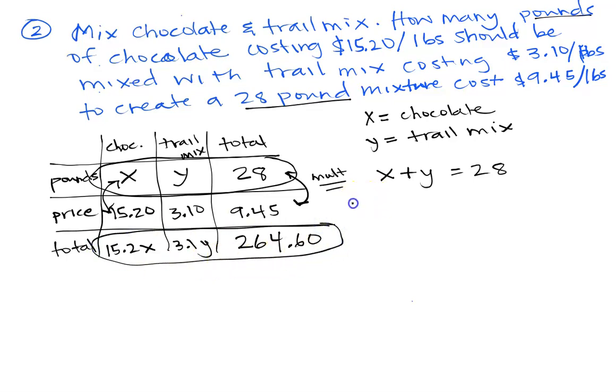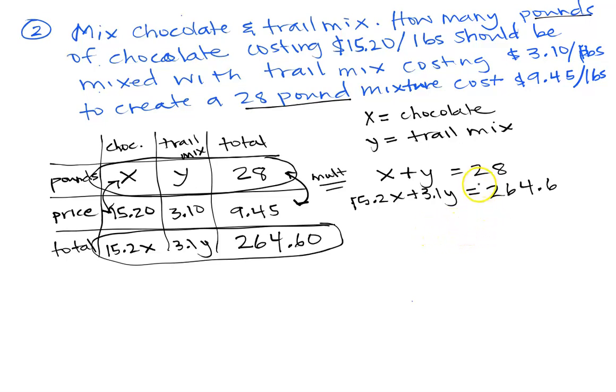So I'm going to have 15.2x plus 3.1y equals 264.6. And now we just need to decide whether to use the substitution or elimination method to solve it. Either one is perfectly fine. It's just what you feel more comfortable with.